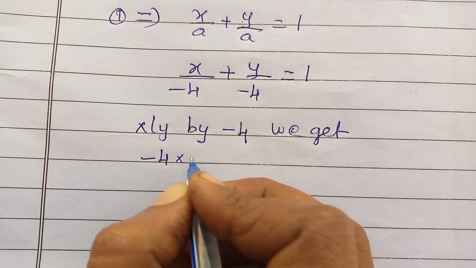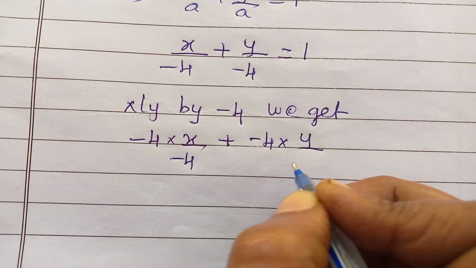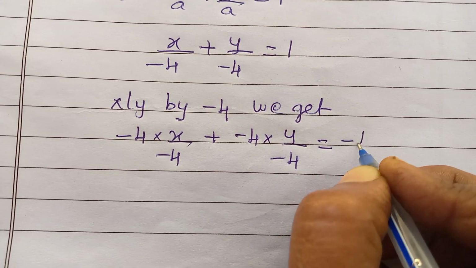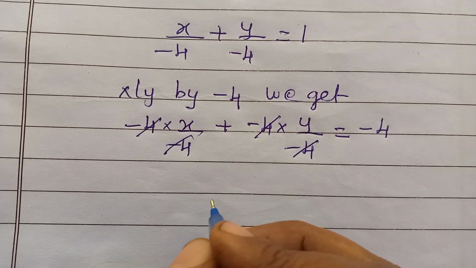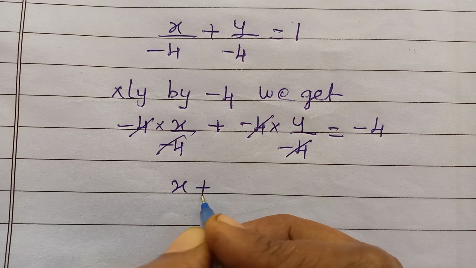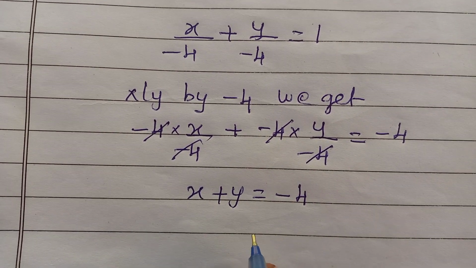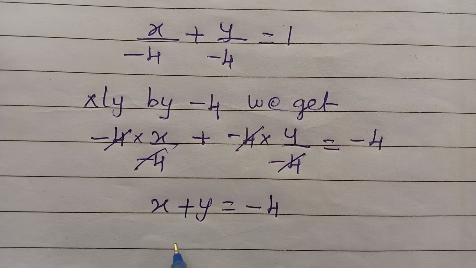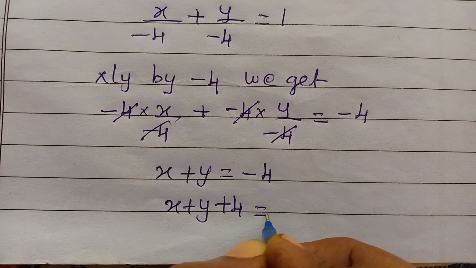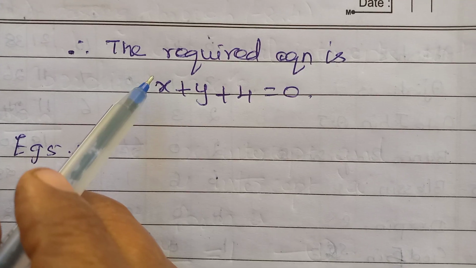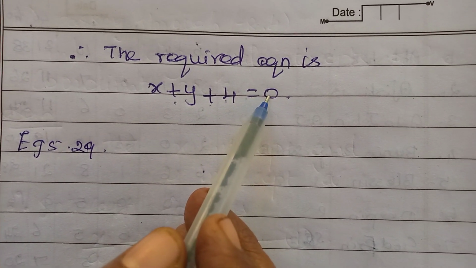Minus 4 into x by minus 4 plus minus 4 into y by minus 4 equal to minus 4. The minus 4s can be cancelled. We get x plus y is equal to minus 4. Take this minus 4 to this side. We get x plus y plus 4 is equal to 0. Therefore, the required equation is x plus y plus 4 is equal to 0.